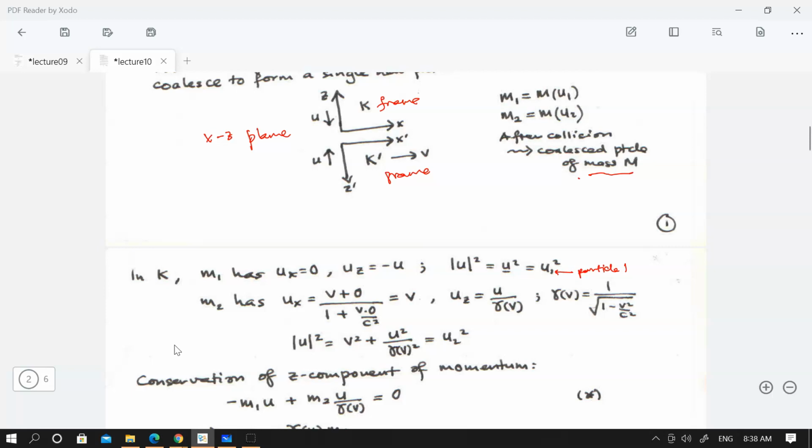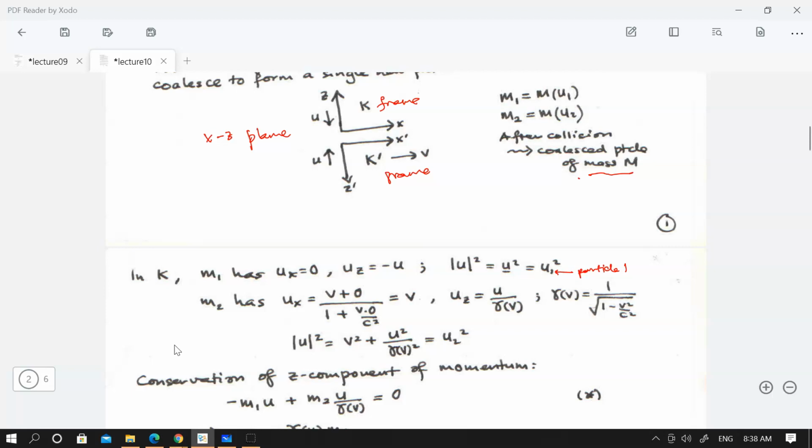So now the second particle will be seen to move with velocity v along the x direction, because it is inside this frame which is moving. Then your uz will have magnitude u, from this picture here, divided by gamma v.